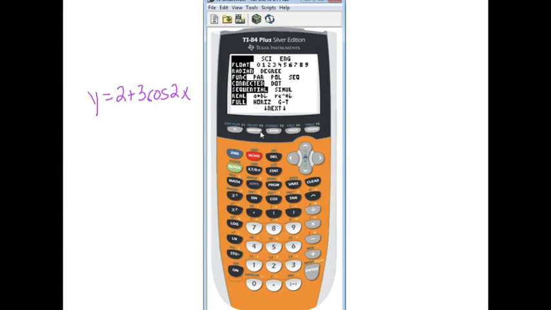And if you look back at that example, when we did it, I counted by half pi's, and we went out to 2 pi and a negative 2 pi, so that's already set for negative 2 pi and 2 pi, and my x scale is already set for counting by half pi's.